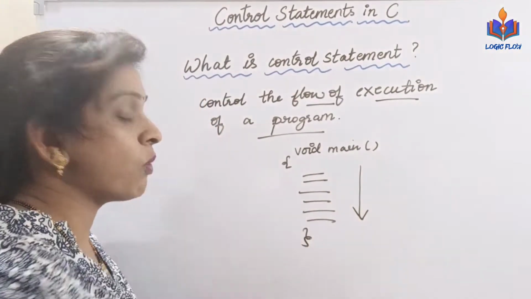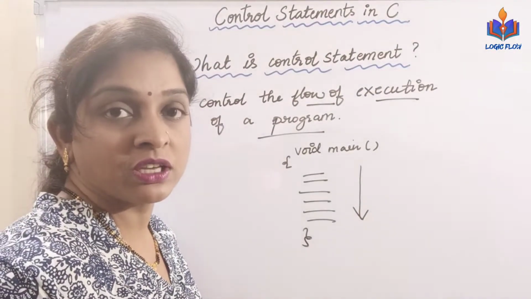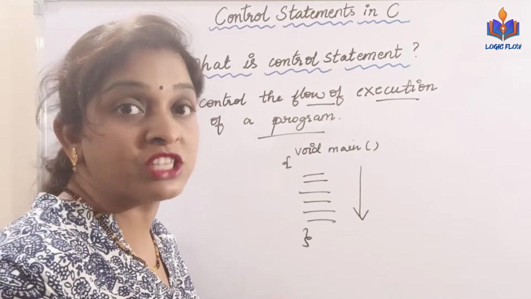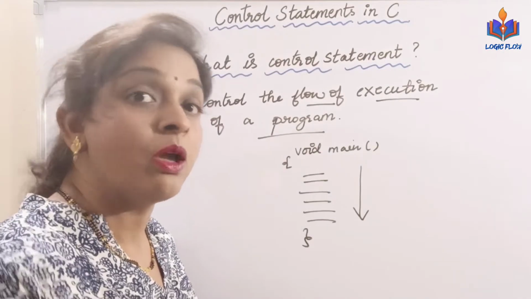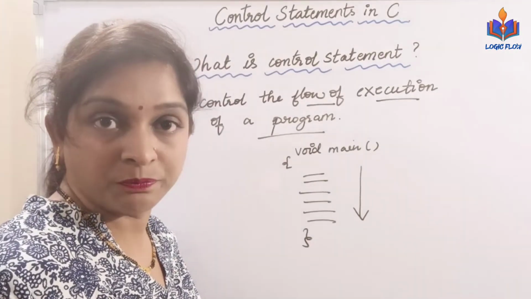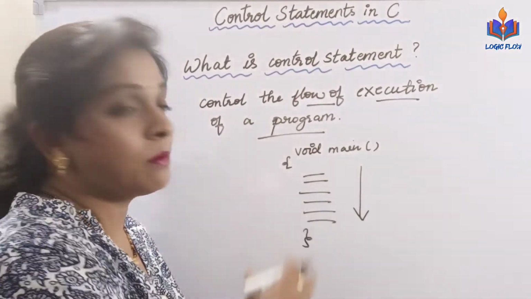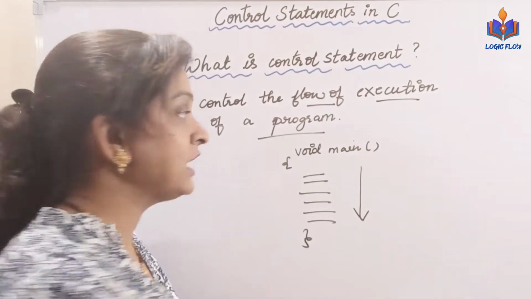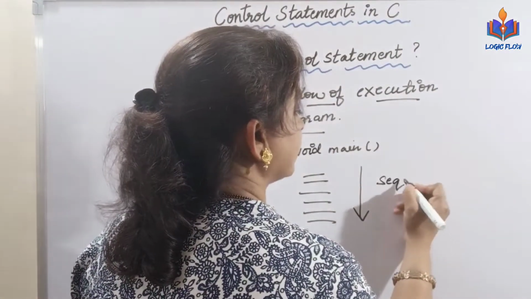So if I just want to make some decision and execute only a few parts of the statements, or if I want some statements to be executed repeatedly, all these things I can't do here. So I have to simply dump all the statements in my main function and make the compiler execute that in a sequential order.